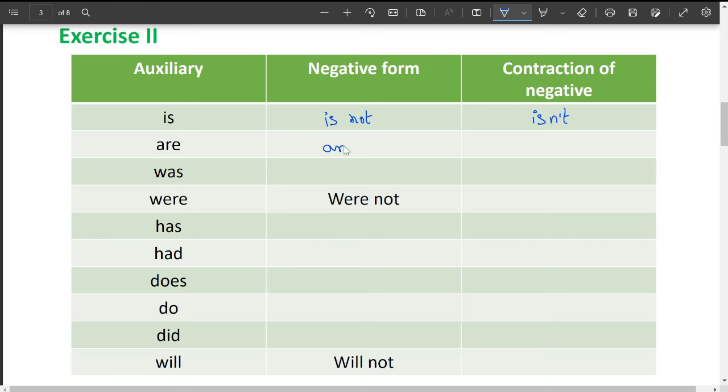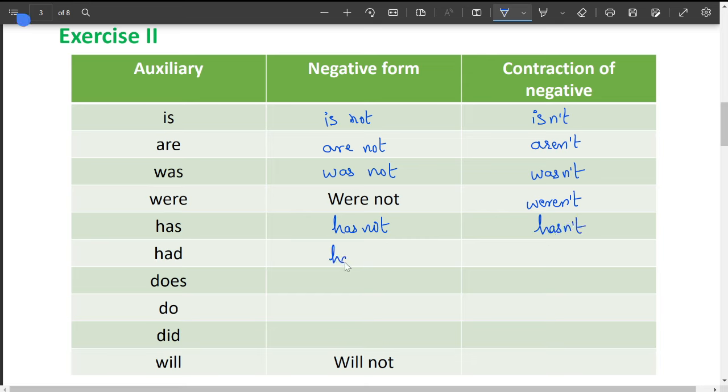Next, are changes to are not in negative. Short form is aren't. Next, was changes to was not in negative, and the short form is wasn't. Next, were not, it is already given in negative, and we have to write the short form, that is weren't. Next, has changes to has not, and the short form is hasn't.